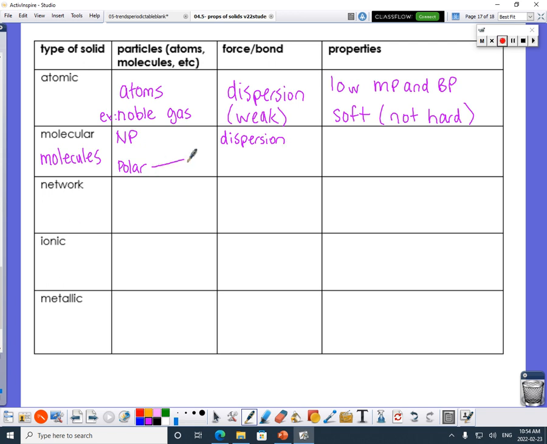So this is tricky. You could really actually just write dipole, to be honest. Okay, so in general, they are not super hard, and they do not conduct.